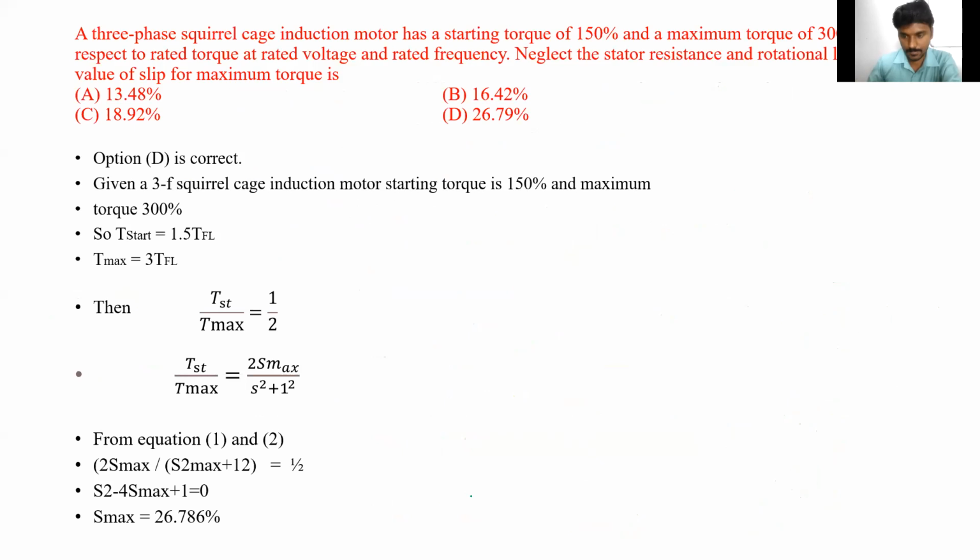Next numerical. A three-phase squirrel cage induction motor has starting torque of 150% and maximum torque of 300% with respect to rated torque at rated voltage and rated frequency.